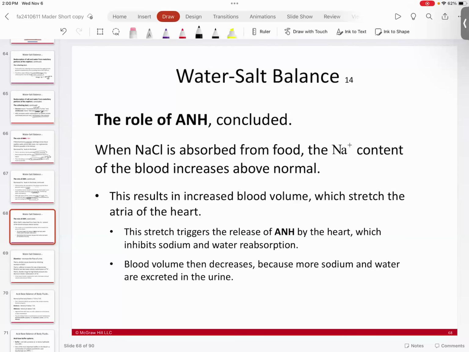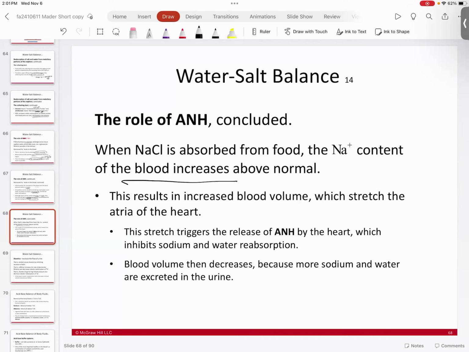And so if the sodium comes in through the food, then the blood level will increase above normal. And so when this happens, then this will become the ANH response, right? So before, low blood pressure was the ADH and high blood pressure is the ANH. ADH brings low pressure up. ANH brings high blood pressure down.